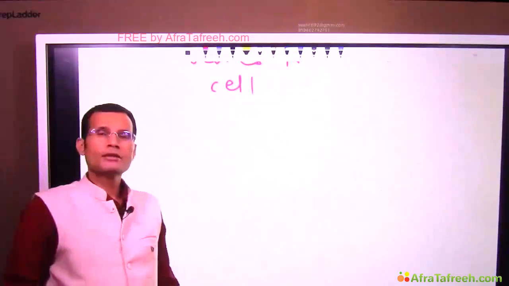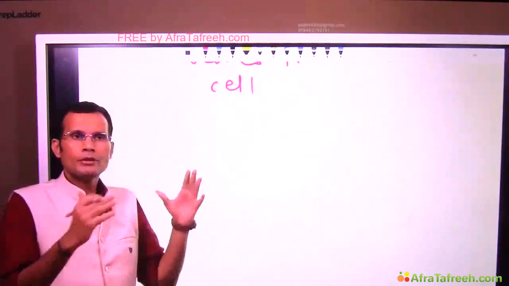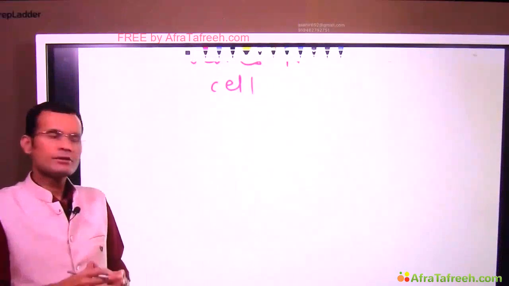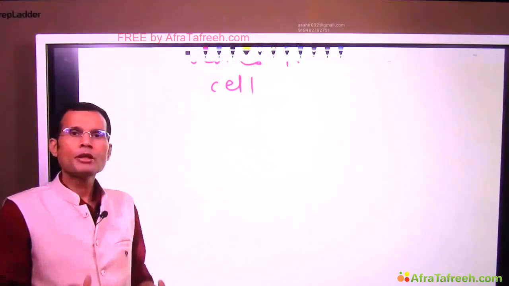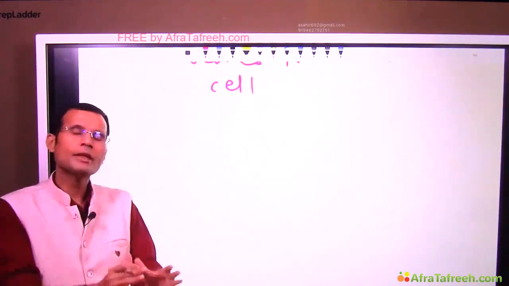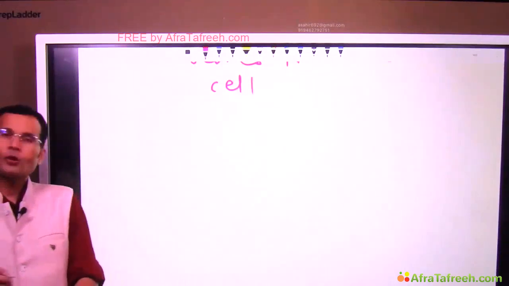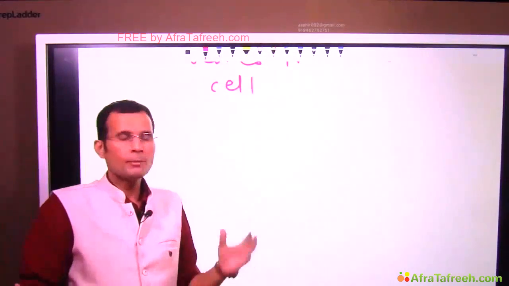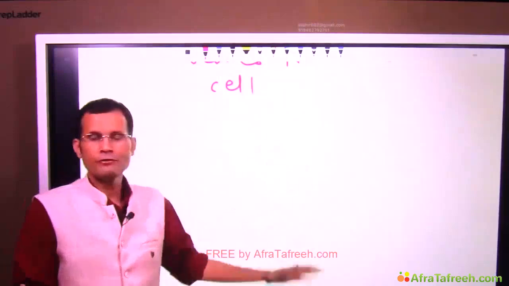There was one MCQ like this. There are 4 options given, and which of them has the highest protein concentration in its membrane? The MCQ was, highest protein concentration in the membrane is found in which of the following?